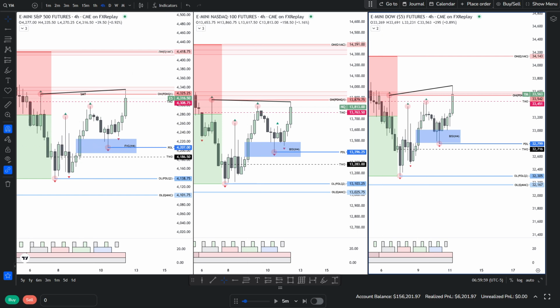Okay, so SP, I have noted the clean and clear swing point below the market, referencing the previous day's low, and also where near-term liquidity would reside.